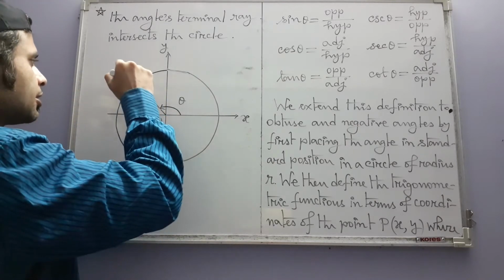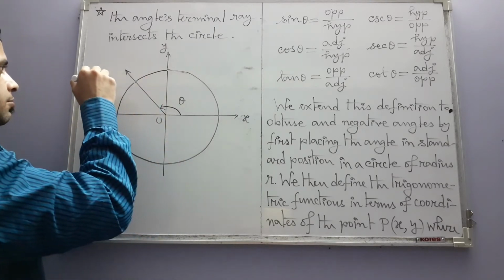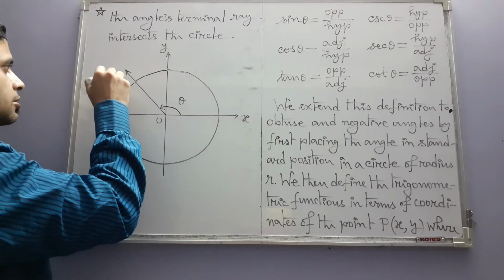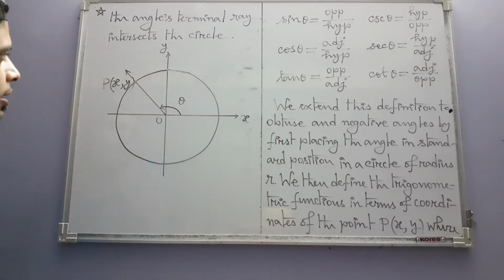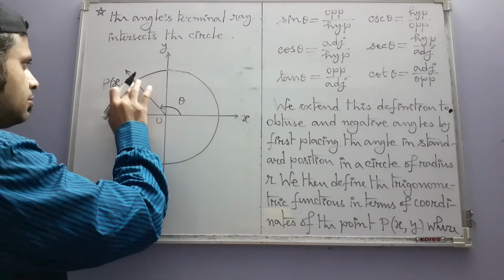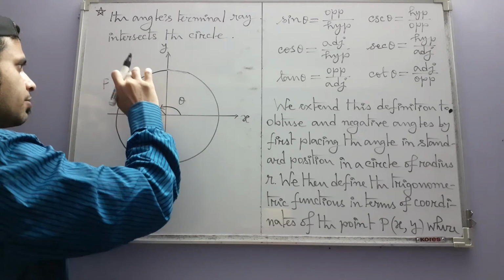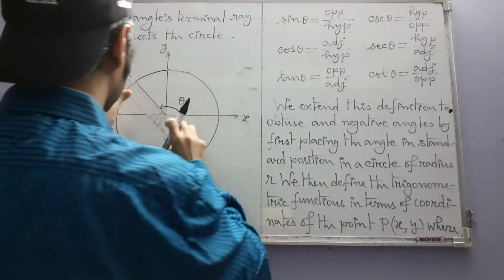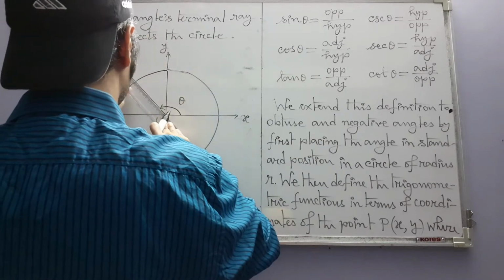Now this terminal ray intersects this circle at the point P, at some point P whose Cartesian coordinates are x, y. It already looks somewhat messy. Let me just rectify it a little bit.